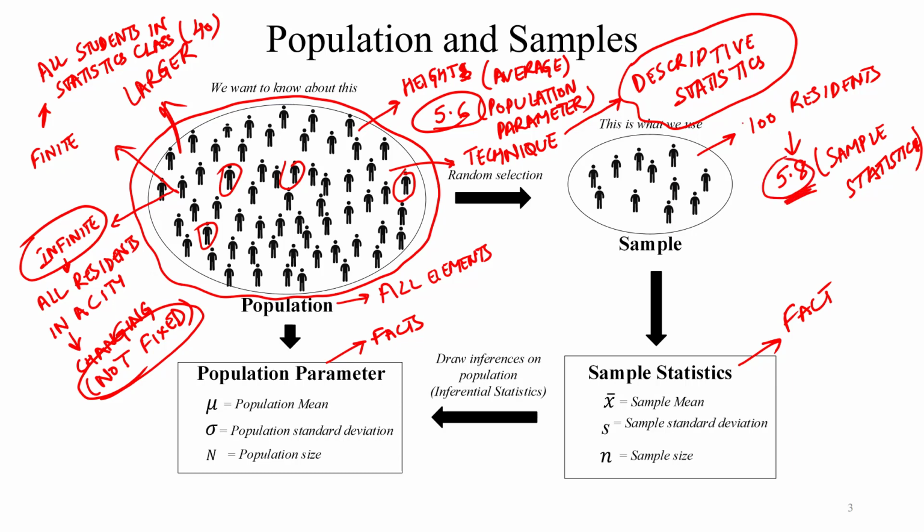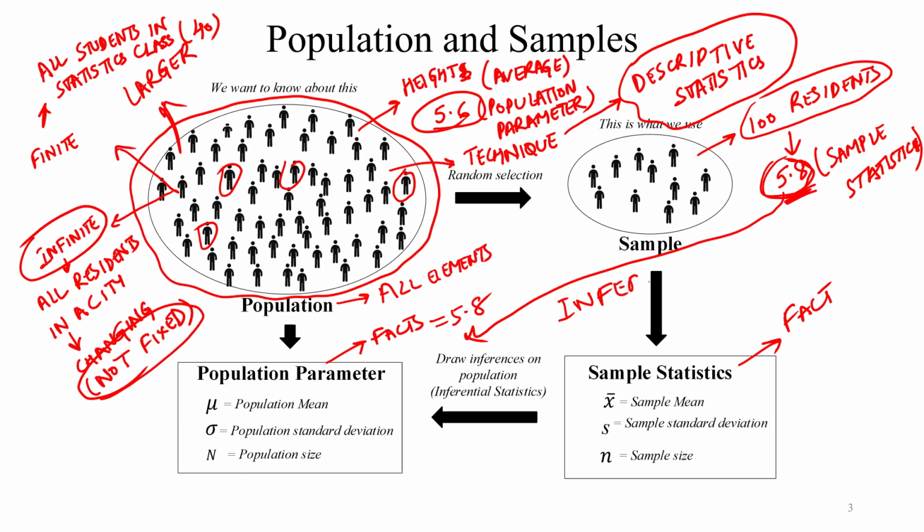Because we have 100 residents whose average height is 5.8, we can assume that the average height of the population, the entire city, would also be 5.8. So we are using a sample to make inferences about a population. That's why we call it inferential statistics.